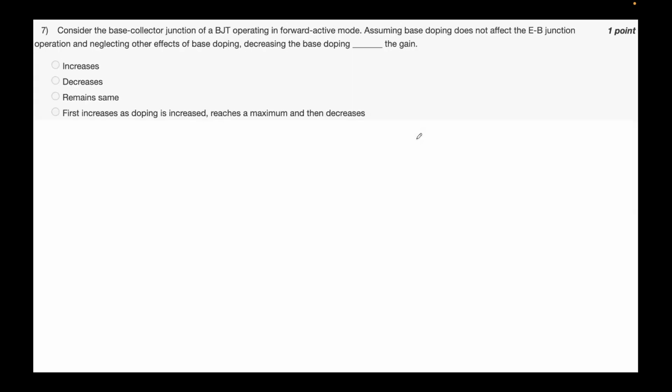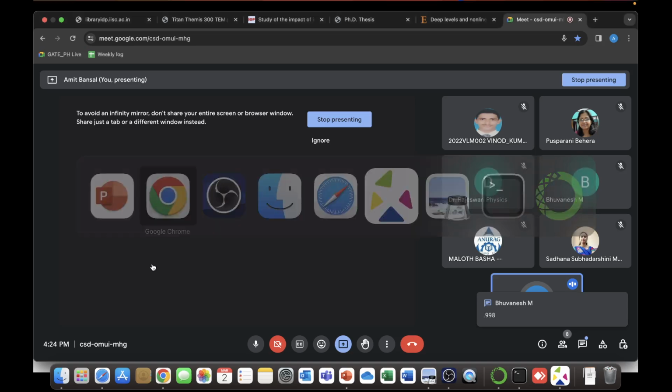So the next problem that we have is: consider the base collector junction of a BJT operating in forward active mode, assuming base doping does not affect the EB junction operation. So what do I mean?